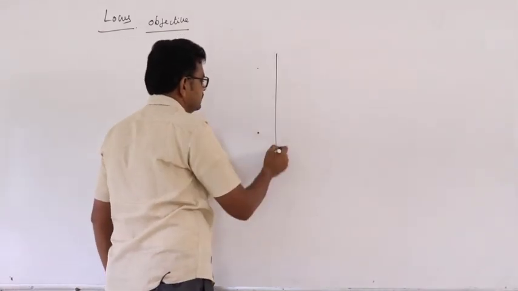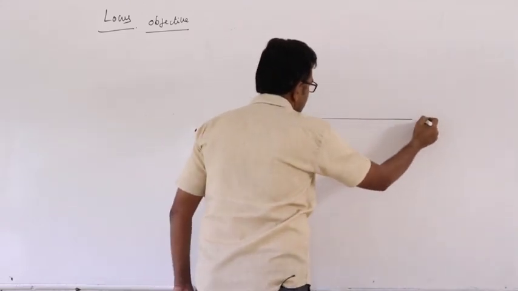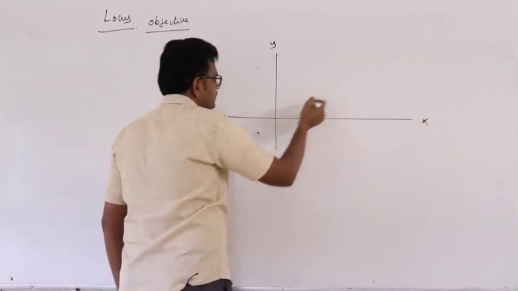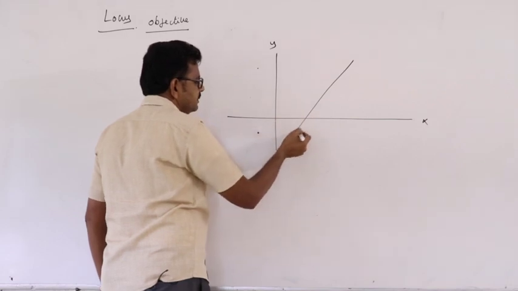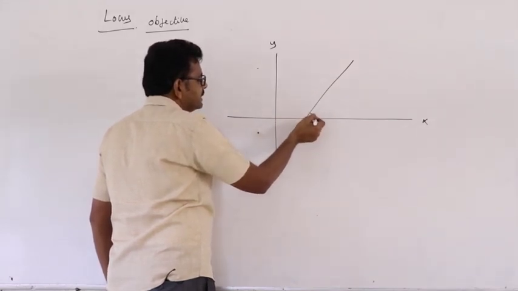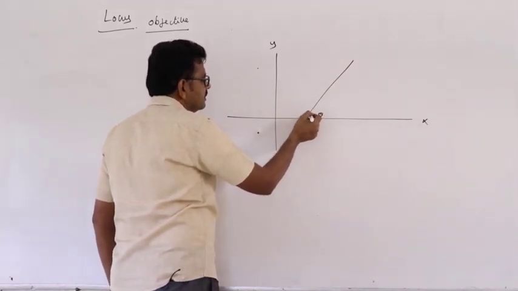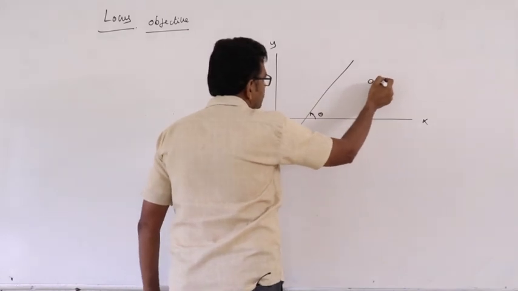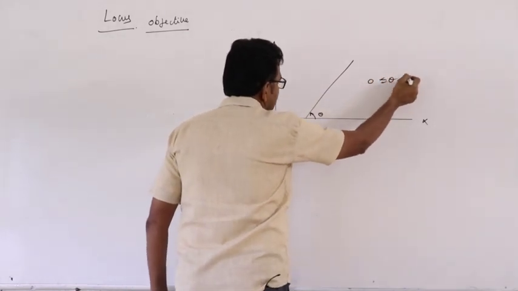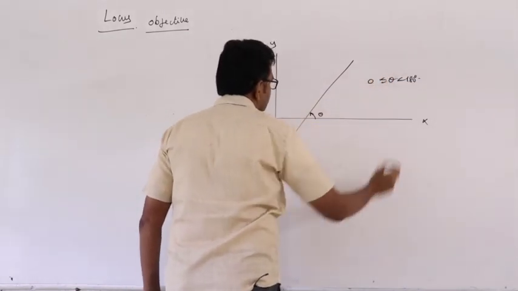See here, x axis, y axis, this is a straight line. Suppose this line makes an angle theta where 0 less than or equal to theta less than 180 degrees.